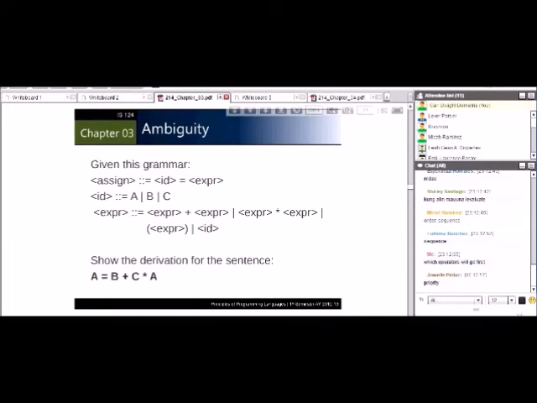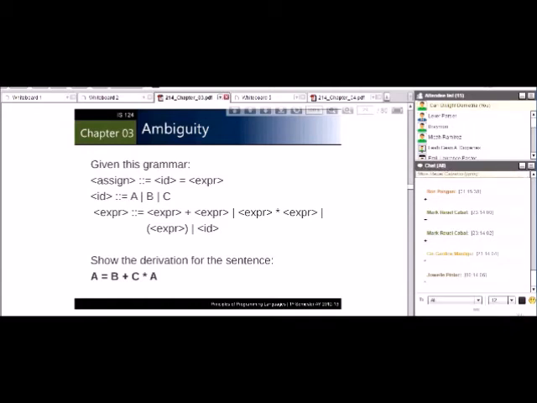Okay, question. If you take a look here in our ambiguous grammar, what are the precedence rules that we have here? Or if I rephrase the question, which operator has the highest precedence? The highest first.